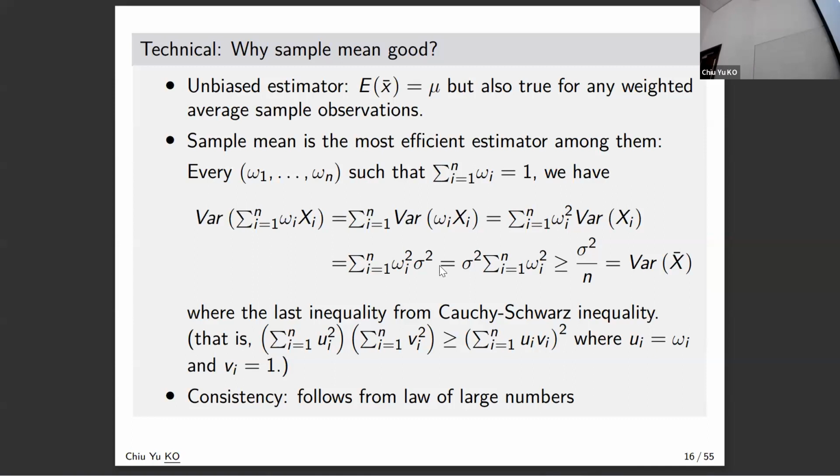I don't do the proof yet because it requires some inequality, but you can show that if you look at other ways of doing the mean, like a weighted mean, or other types of mean, the sample mean is the best. So that's why we have been using the sample mean. It's not just because the sample mean is similar to the population mean.